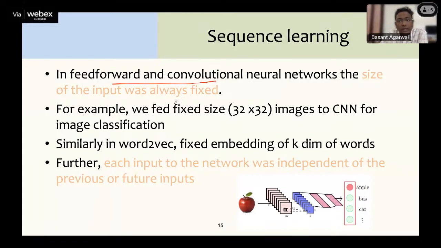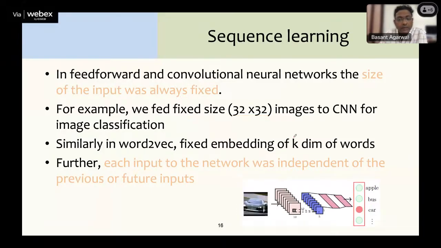For example, in a CNN, if we feed a fixed size input of 32 by 32 images to the network for image classification, if we give an image of an apple to the network, it will predict apple.